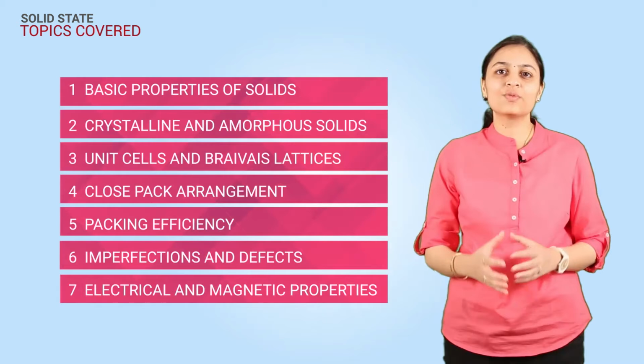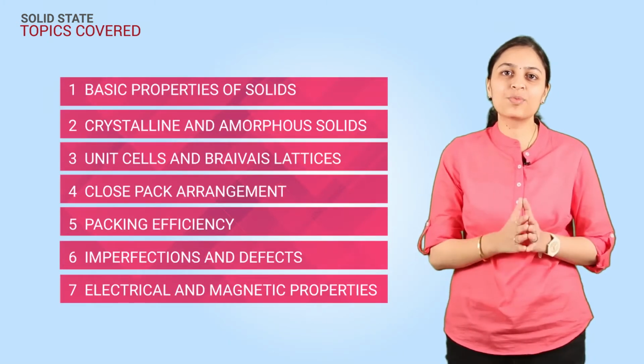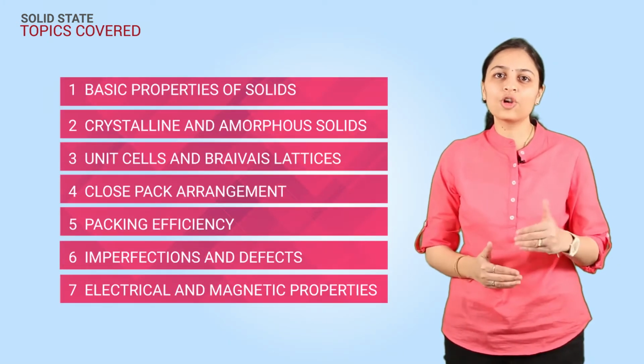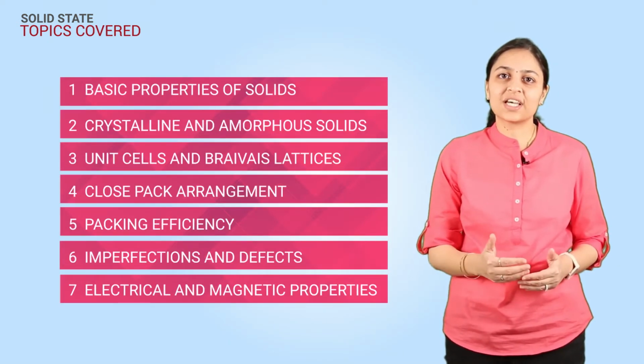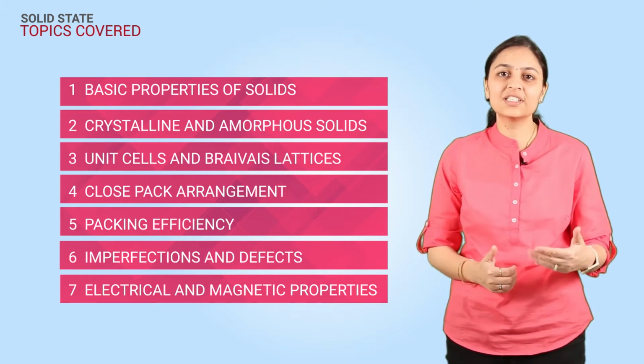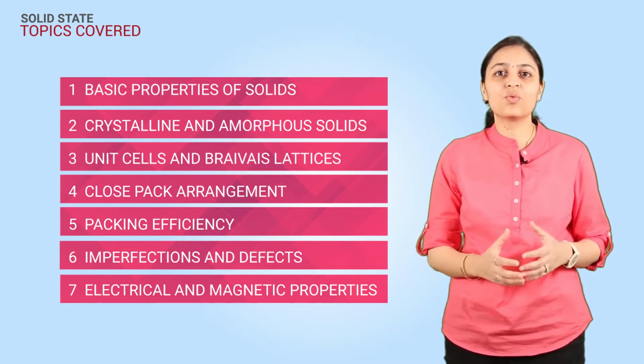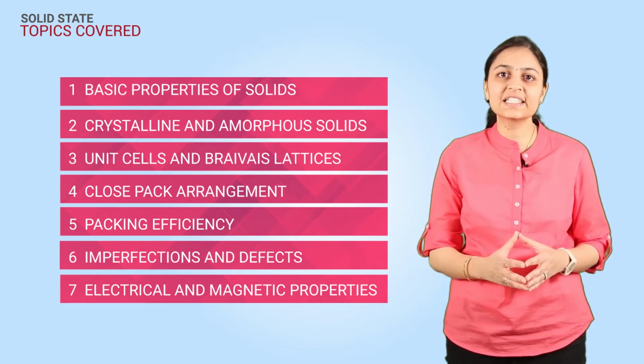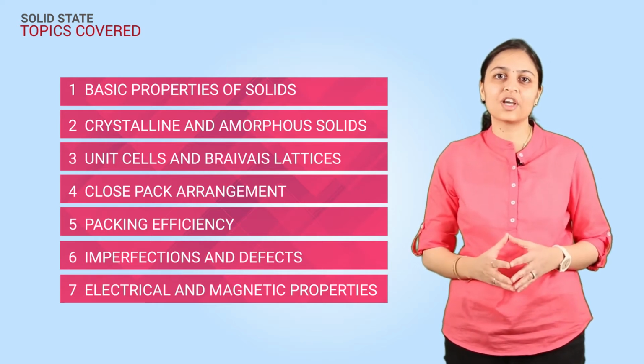But before going deeper into the concept, we will first give you an overview of the topics to be covered in solid state. We will start with the basic properties of solids, followed by its types such as crystalline and amorphous solids. We'll further discuss the various types of unit cells and Bravais lattices.